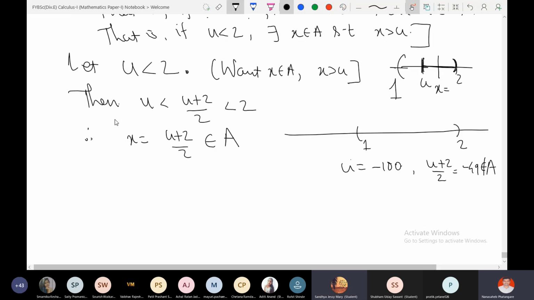Yes, sir. So there is a problem. When I say u less than 2, then there is no restriction, so you have to take care of such things. If I take u less than 2, what is the appropriate choice for x? In this situation, the mean may not be a member of the set.